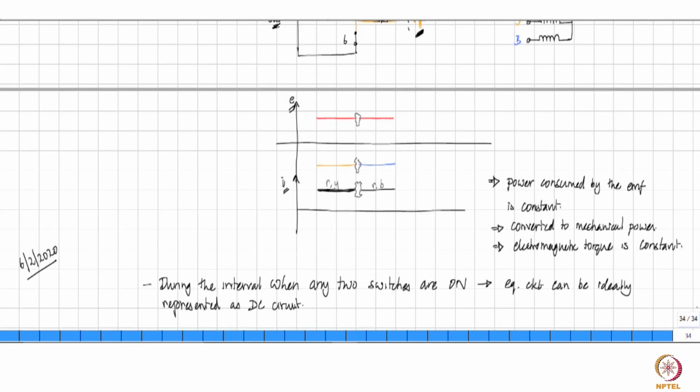That means if you plot IY and IB, IY should have been DC until this time, and it should go to 0 during this time because Y is no longer conducting. Whereas B should have been 0 here and B will begin to conduct here.